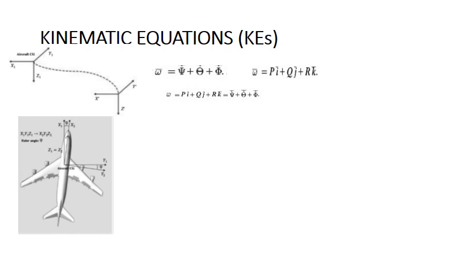Hence, psi dot equal psi dot k1, which is perpendicular to the screen, inside the screen. But k1 equal k2 because the rotation is around z. So k1 equal k2.